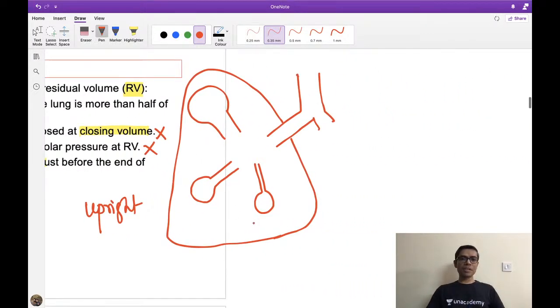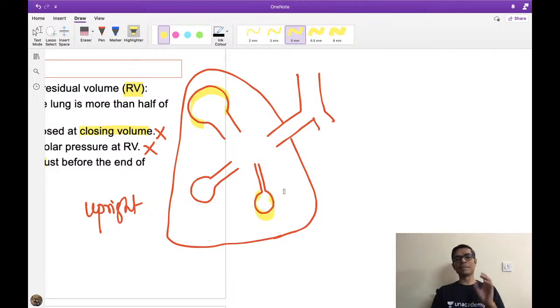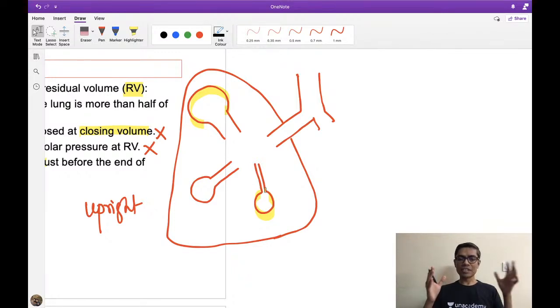In upright posture, because of the effect of gravity, the larger alveoli will be present at the apical region of the lung and smaller ones at the basal level. That you all know, I hope. There is an explanation, but I am not going into detail on why the alveoli are larger in the apical region. That is due to more negative intrapleural pressure in upright posture. But whatever. So the person is in an upright posture. Apical alveoli are larger, basal alveoli are smaller.